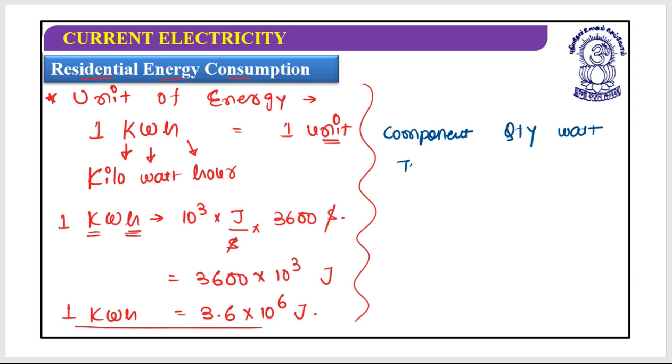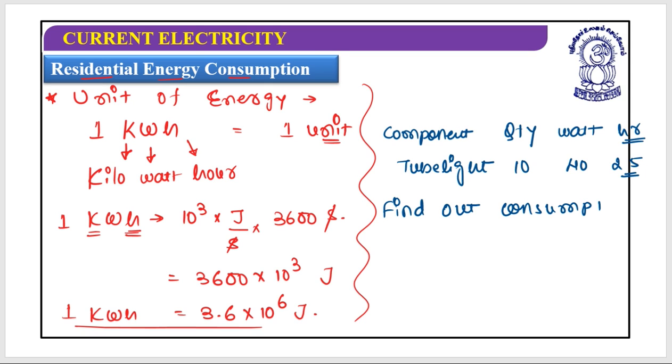Let's suppose you have tube lights at your home, say 10 in quantity, each of 40 watt, and the number of hours it is going to be used is, let's suppose, 24 hours. So find out the consumption. This is the question. So the quantity is 10, the watts are 40, the number of hours is 25.